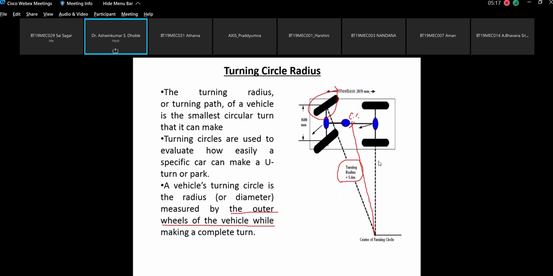According to the SAE standard, it has to be with respect to the center of gravity of the vehicle rather than with respect to any wheel. But that is the choice given to the automotive manufacturer.